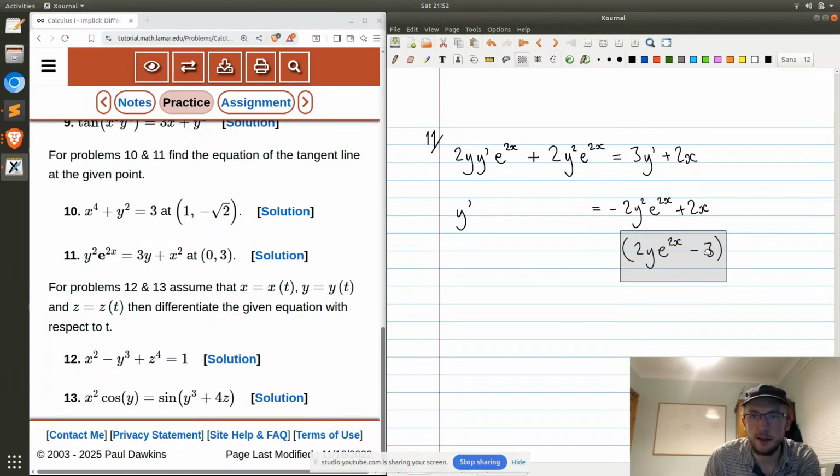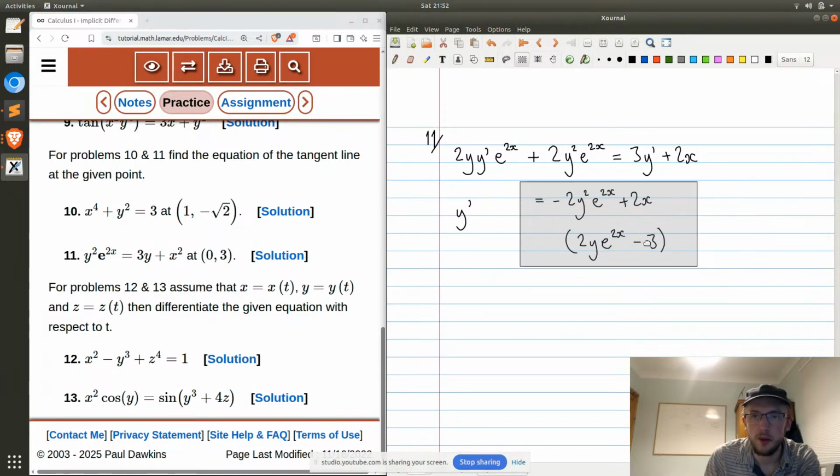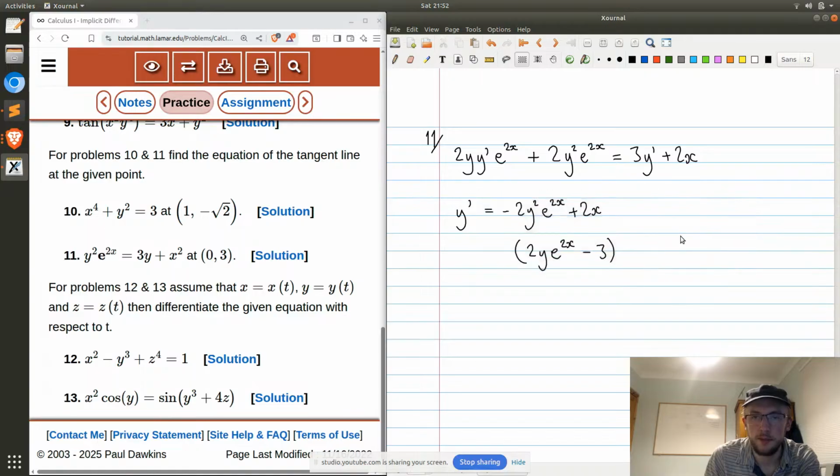Make it the denominator. Bring everything over. Like that. And sub 0, 3.